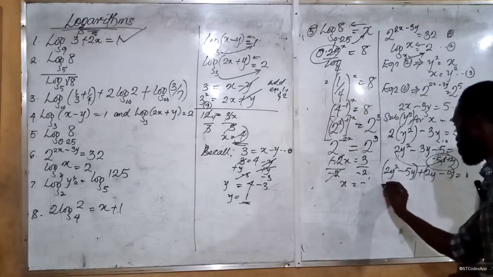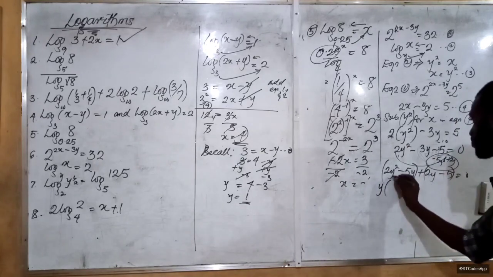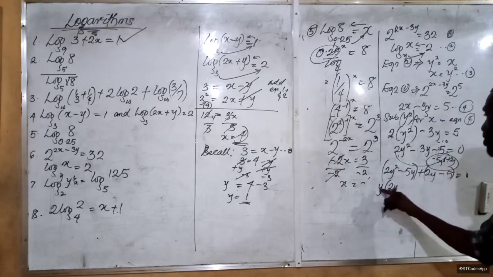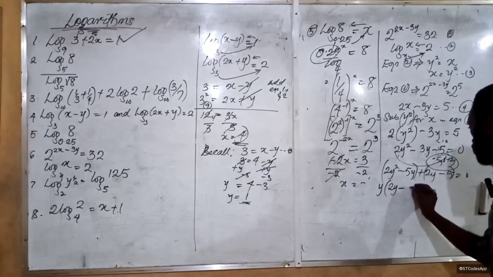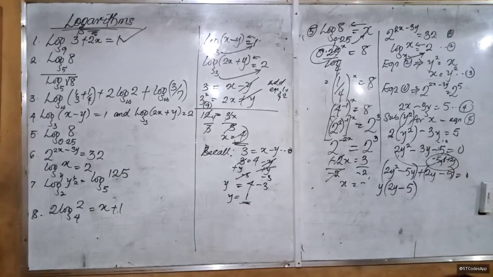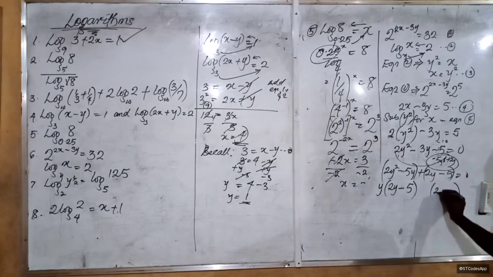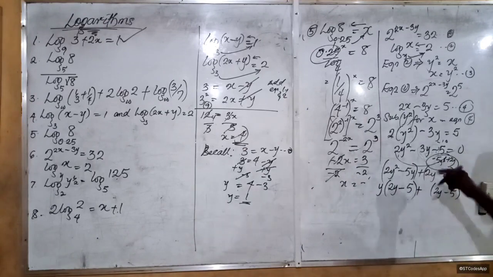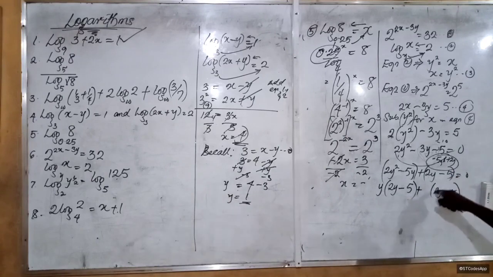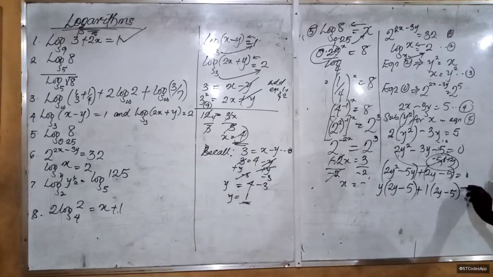What is common? y is the only thing that is common here. So when you remove y from here, we are going to be left with 2y, because y times 2y will be 2y squared, right? So minus, when you remove y from here, you're going to be left with 5. So what you basically do is, you repeat this bracket into the next bracket: 2y minus 5. Then ask yourself, what will you multiply with 2y to give you 2y? That is 1. Is that okay? Equal to 0.